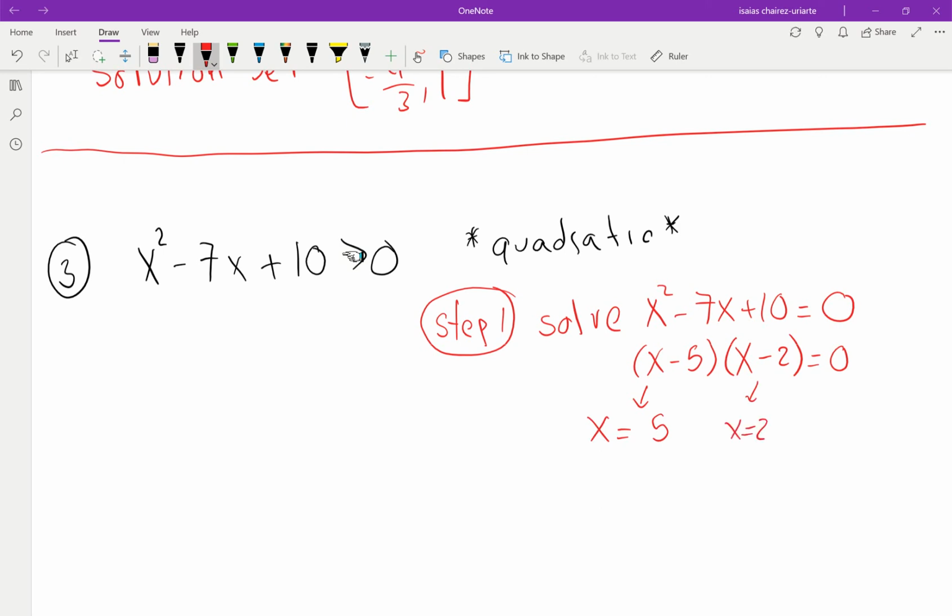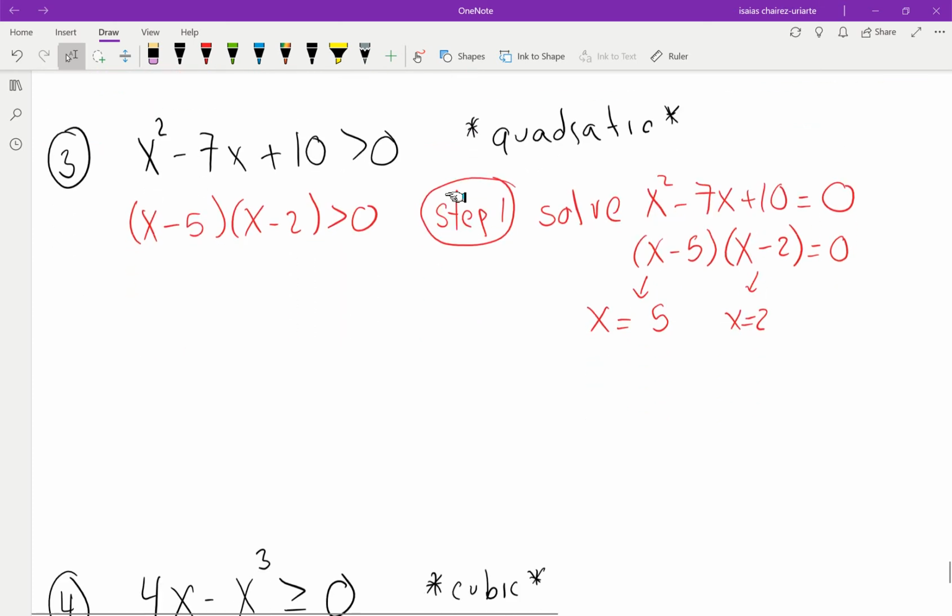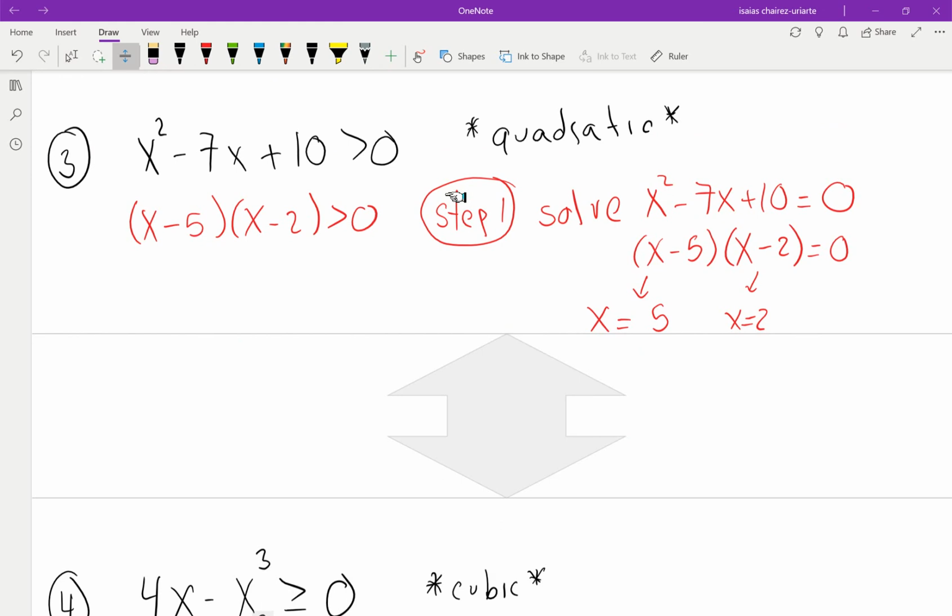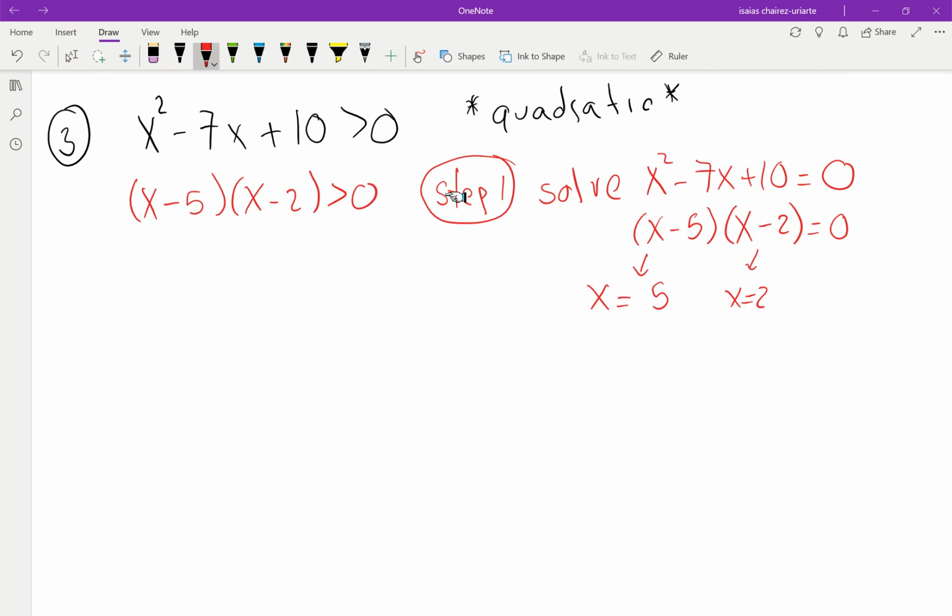Okay, so I'm going to rewrite my inequality in factor form. So this just becomes x minus 5 times x minus 2 bigger than 0. Okay, step 2 we said is to go ahead and plot these solutions that we found to the polynomial equation on a number line.